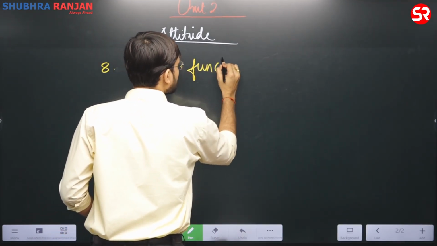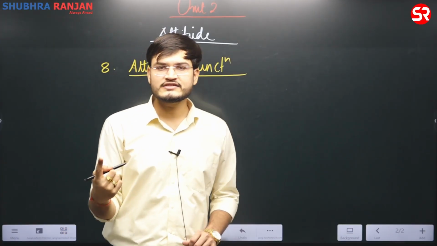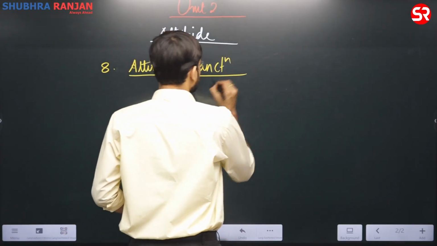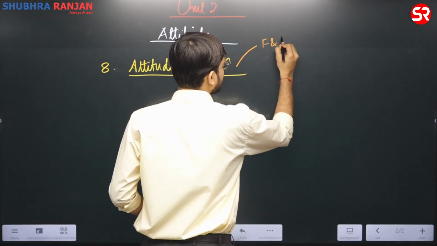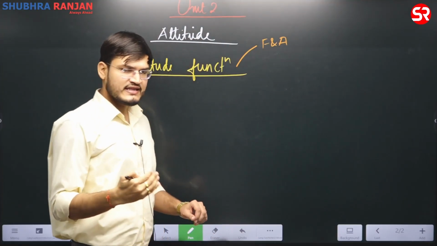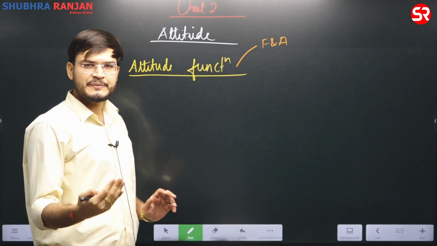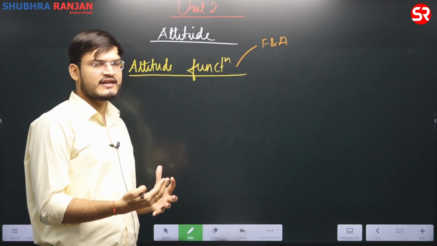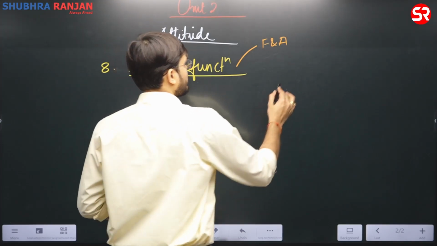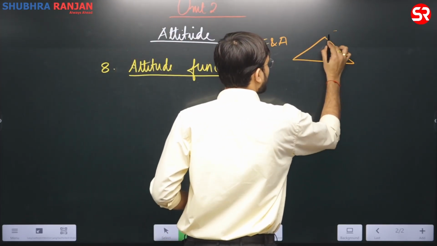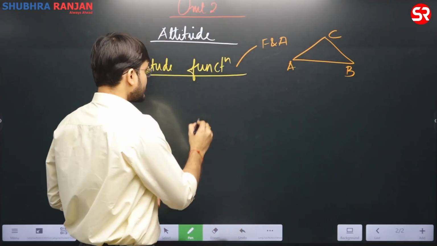Now if such types of questions are being asked, you should always take the help of, first, Fishbein and Ajzen. They told that attitude is a learned predisposition to respond consistently in a favorable or unfavorable manner with respect to a given object, and thereby you have to make a diagram of cognitive, affective and behavioral components.